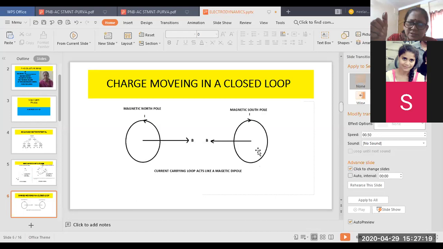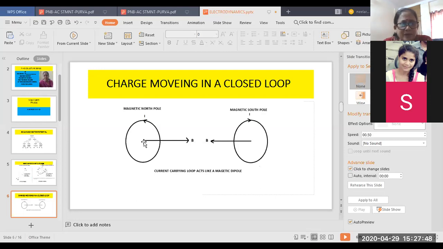Similarly, if it is in the anti-clockwise direction, the holding of your hand will be anti-clockwise. Your fingers should point along the direction of the arrow mark. Now you can see that the thumb is pointing away from you. That means the magnetic field produced is not towards you, it is on the backside, away from you. So the current carrying loop acts just like a magnetic dipole.